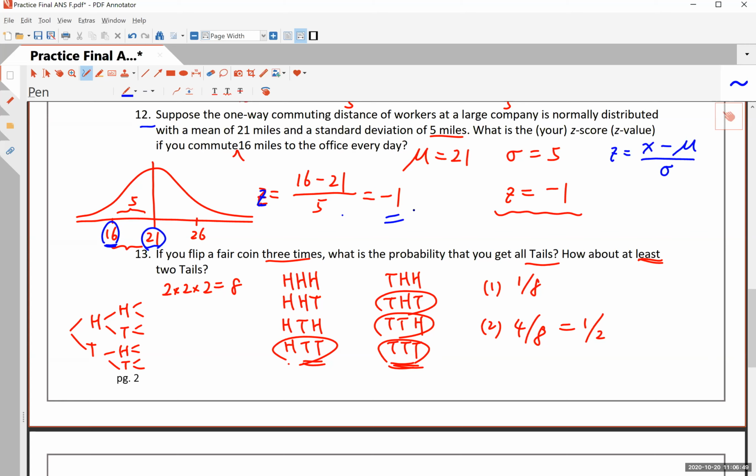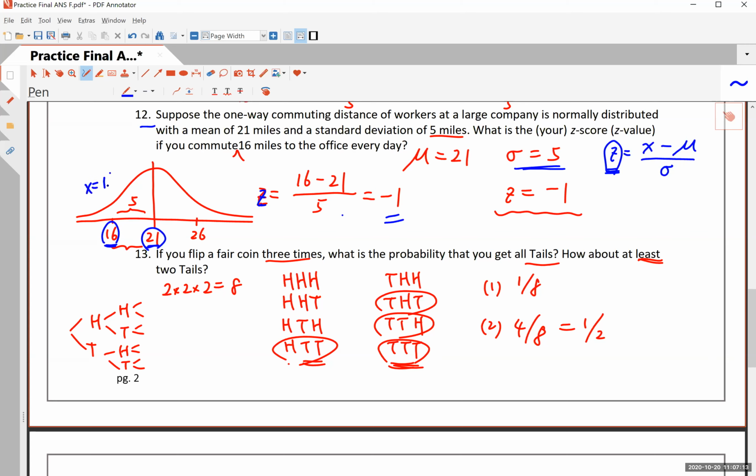Now that's fine, and you can go on to the next one if you like, but think about what it really means. 21 is the average, the mean, and the standard deviation is 5. The z-score is really the answer to this question: how many standard deviations above the mean is x?